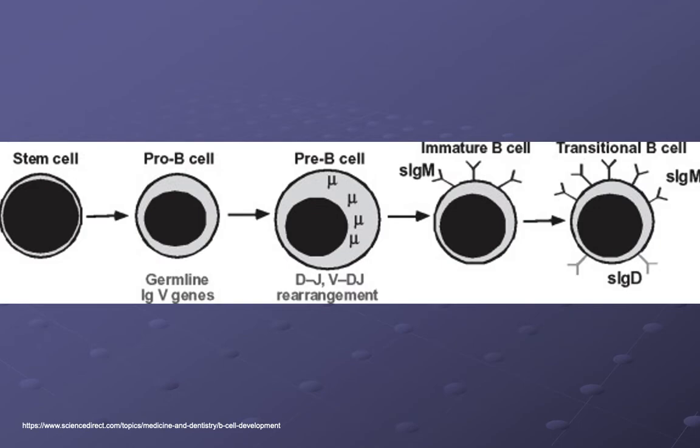The stem cells progressively develop into pro B cells, pre B cells, immature B cells, and transitional ones, which are located on the periphery. The final product, of course, is a mature B cell that expresses a functional BCR, a functional B cell receptor.